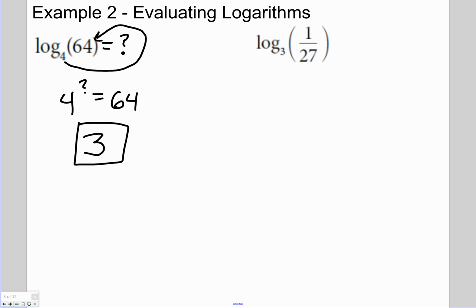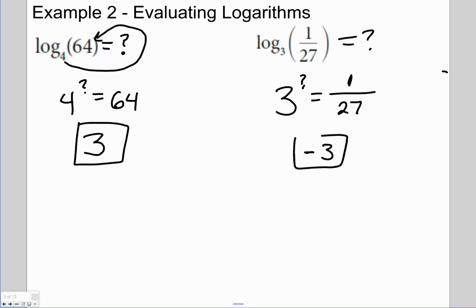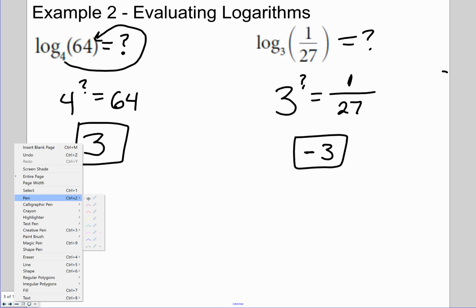Ooh, let's try the next one. Log base 3 of 1/27. So we have 3 to some power gives us 1 over 27. It is negative 3. And let's talk about the math behind that.